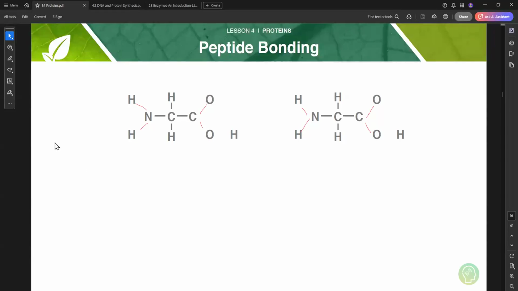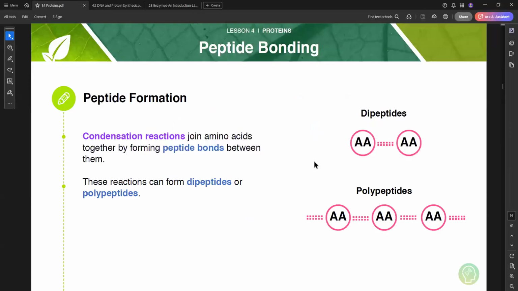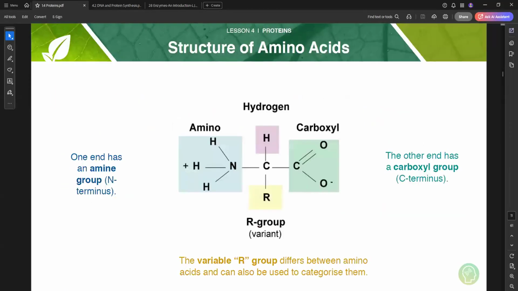Okay, so as you can see, at the C terminus of one amino acid, one of the oxygens and the attached hydrogen group is going to bond with one of the hydrogens from the N terminus of the other one. So this might be confusing because when we first spoke about amino acids, we got this.